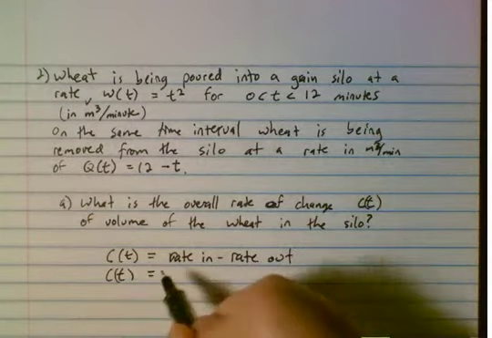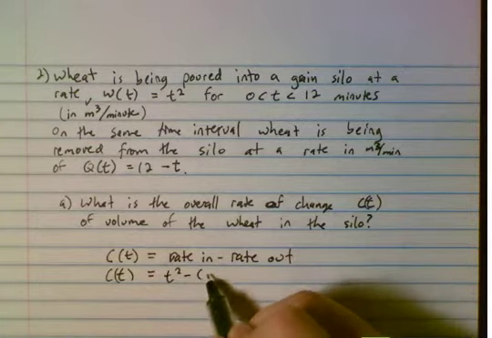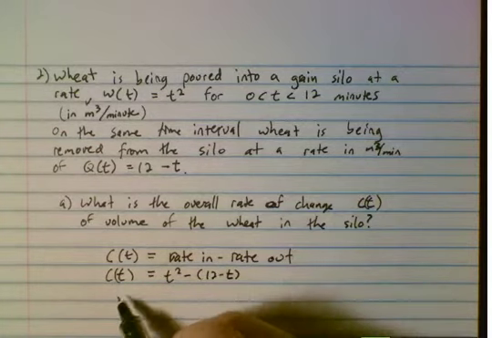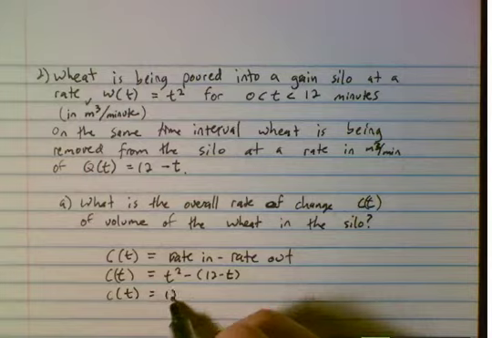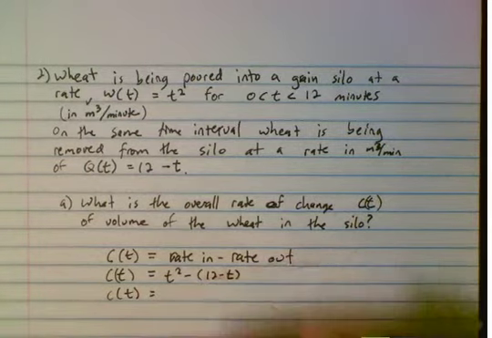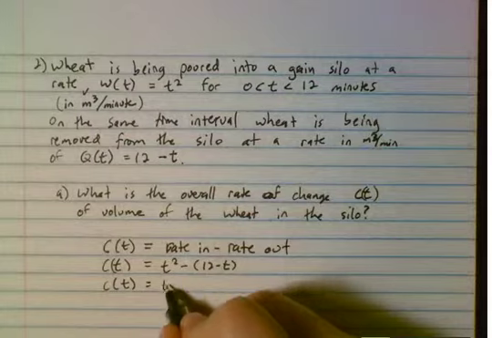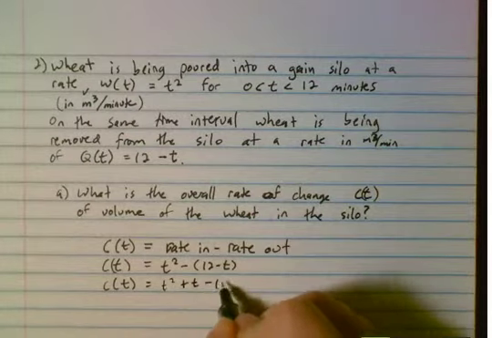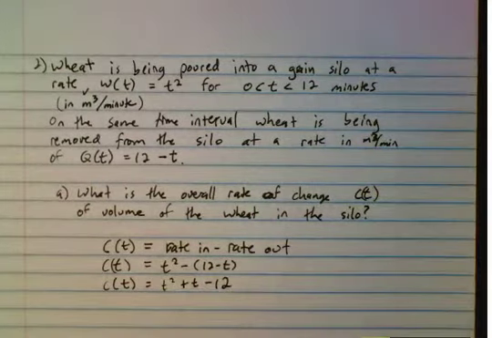So C of T is T squared minus 12 minus T. Subtracting a negative is a positive, so C of T is T squared plus T minus 12.